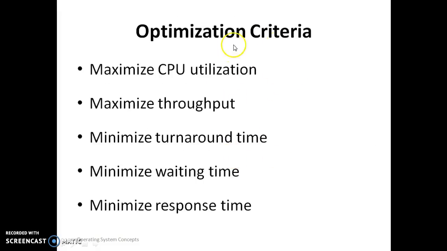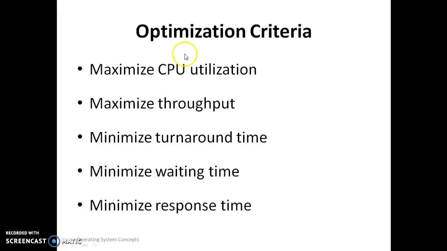These are the optimization criteria, meaning we can say that process scheduling is most optimal if these criteria are optimized like this. Maximizing CPU utilization, meaning the most ideal situation where the CPU is utilized as much as possible; 80% CPU utilization is considered ideal.